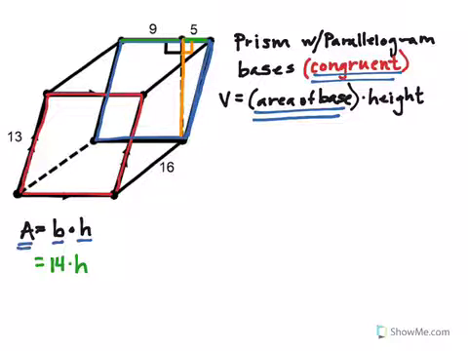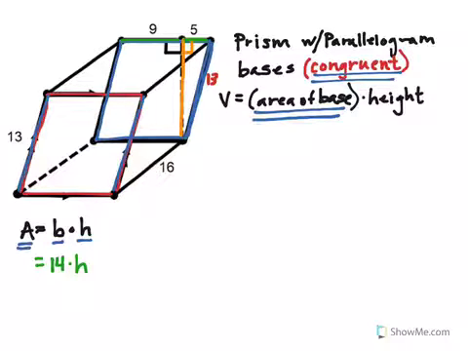If we look at the other parallelogram, we see that the side lengths are 13, and we know about a parallelogram that the opposite sides are both parallel and congruent. So that means this length here is 13, and we can solve for this.